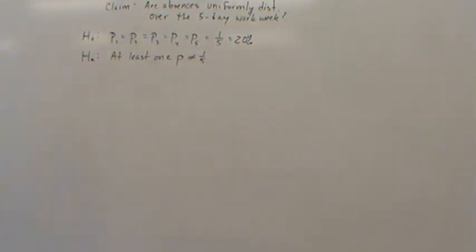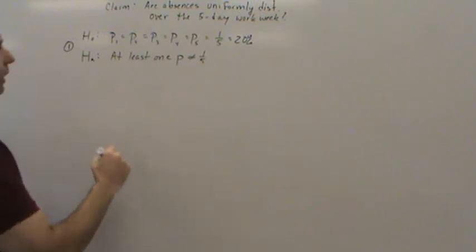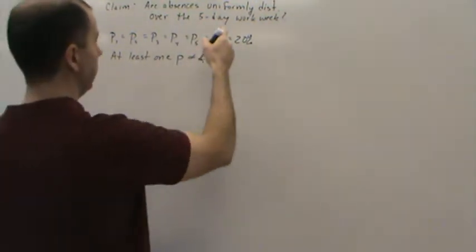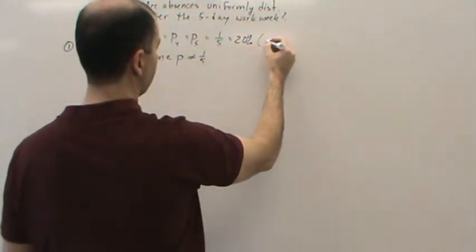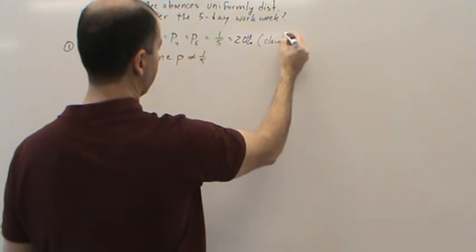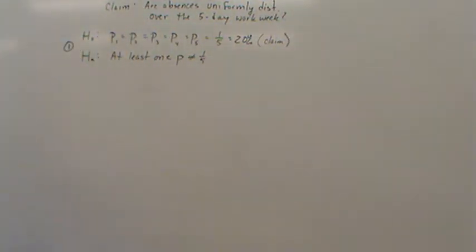So that makes sense. That's step one, and of course the claim is the null. We want to test the claim that it's uniformly distributed.